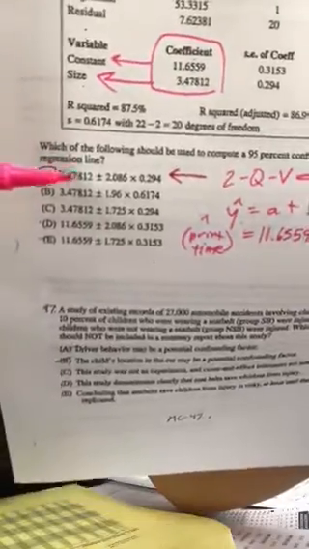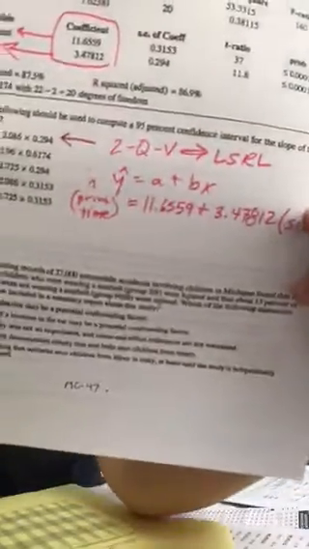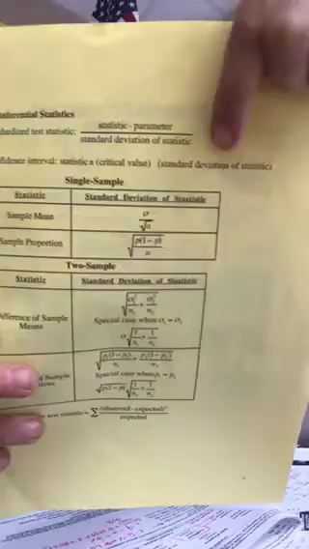They want you to do an inference about the slope. So we can do an inference about any piece of data we pick, and it looks like they did some type of confidence interval, a 95% confidence interval, so I'm going to copy that formula from my formula sheet. It says the formula for a confidence interval is the statistic plus or minus the critical value times the standard deviation of the statistic.